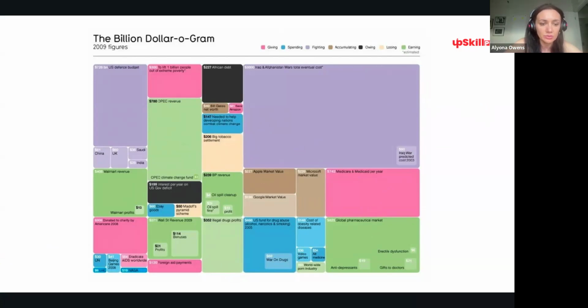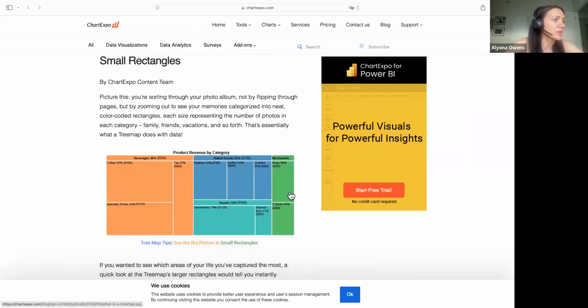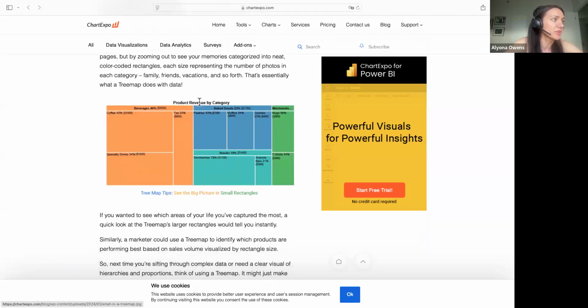Okay, so, tree map. Oh, I think this one, that's the one I was looking at in the morning to make sure I gave you a sample. Okay, so this is a pretty good, very simple sample.